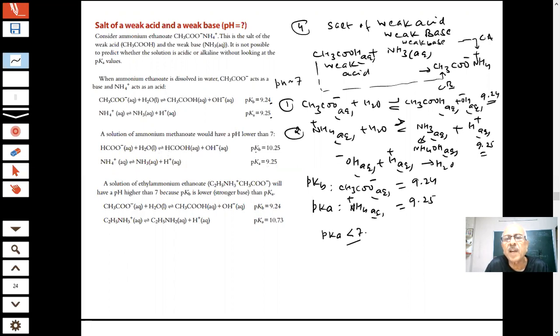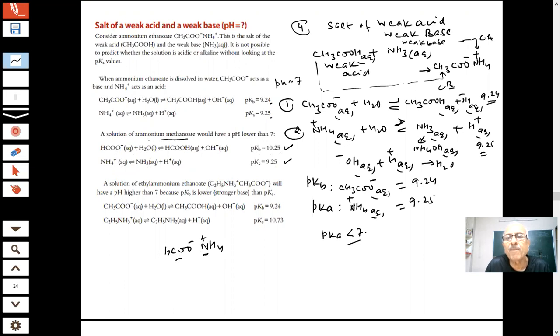Here you see pKb is 10.25, and in this case pKa is 9.25. This salt is ammonium methanoate, HCOO- NH4+.